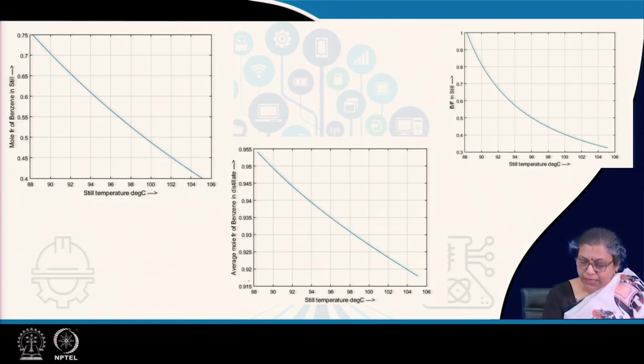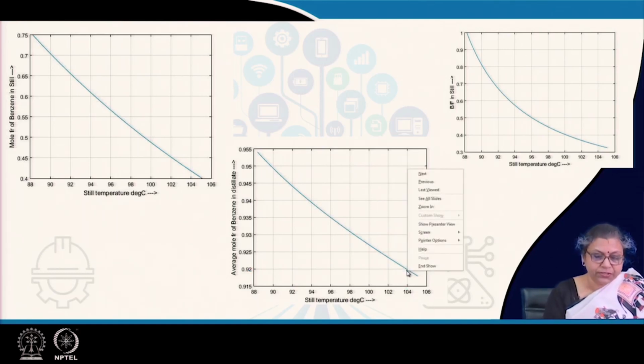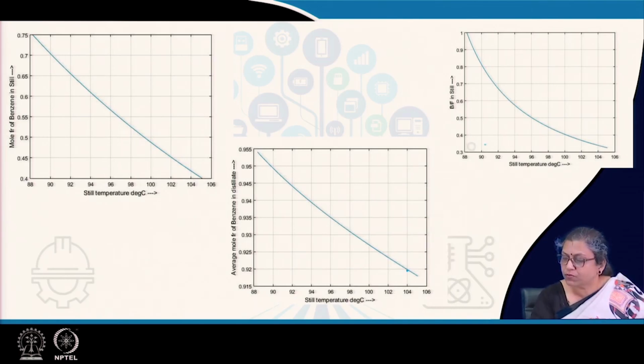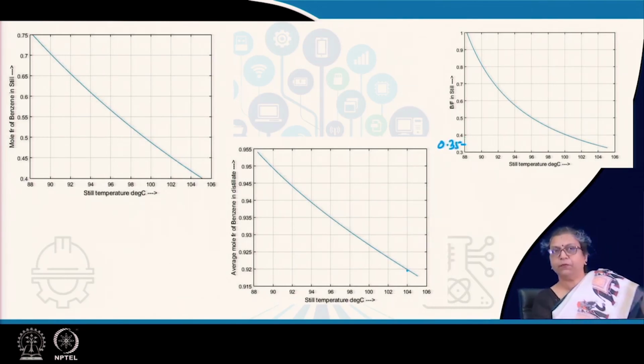I have reached an XD average of 0.92 at a still temperature of about 104 degrees centigrade, and under this condition the mole fraction in the still is about 0.4, and the B by F is almost equal to 0.35, which is not bad.